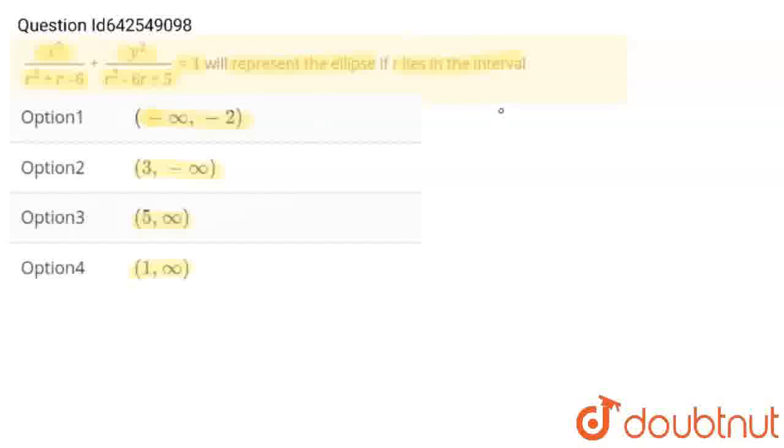So the equation of an ellipse is in the form x square upon a square plus y square upon b square equals 1. Here you can see the denominator of x square is a square and the denominator of y square is b square, and a square and b square both are positive, greater than 0.